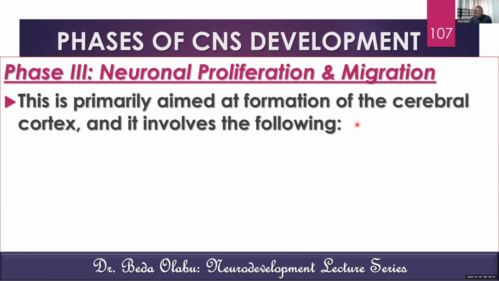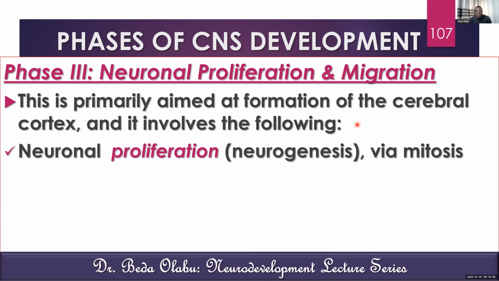This phase involves 4 key events, and let's understand these 4 key events. One of the events that take place is neuronal proliferation, which means that we are having a numerical increase in the number of neuroblasts. This occurs through mitosis.